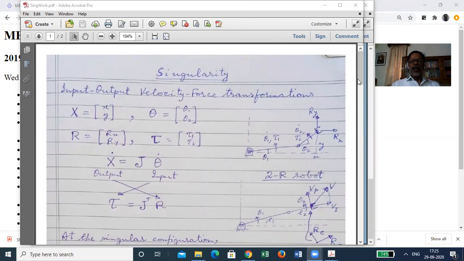So at a regular configuration, if you want some motion here, some x dot, y dot, then you can find out theta1 dot, theta2 dot to get it by solving this.